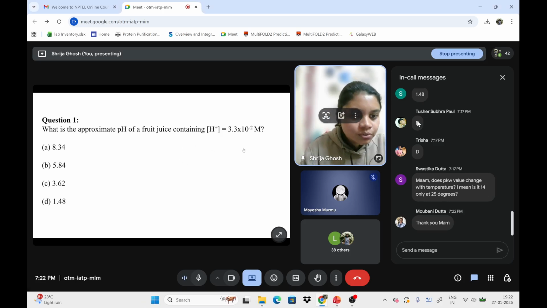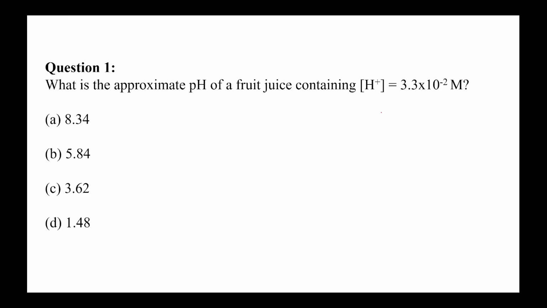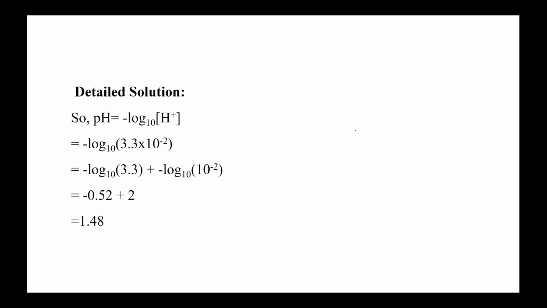So all of you, I can see, have answered option D, 1.48. To solve this question, you basically have to take the negative log of the H plus ion concentration, and the correct answer is 1.48.